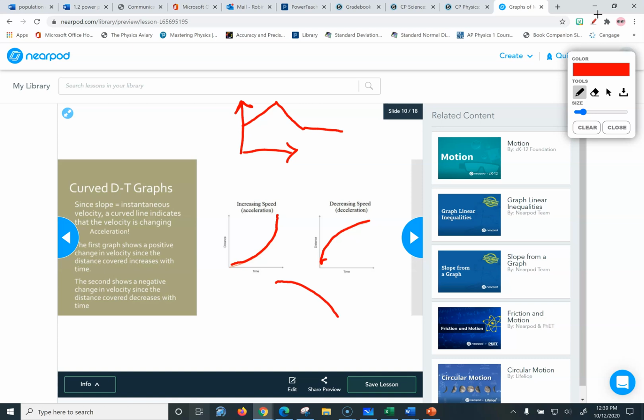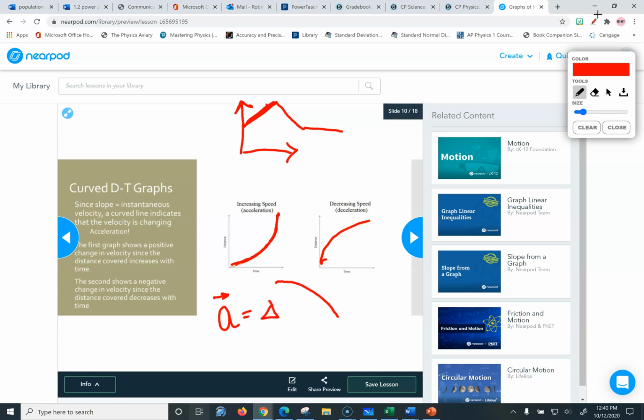But what that's telling you is that the slope, where it's exactly the same all along this segment, the slope is constantly changing. So our velocity is constantly changing. So from our video, we see that if we have a changing slope, that means we have an acceleration.